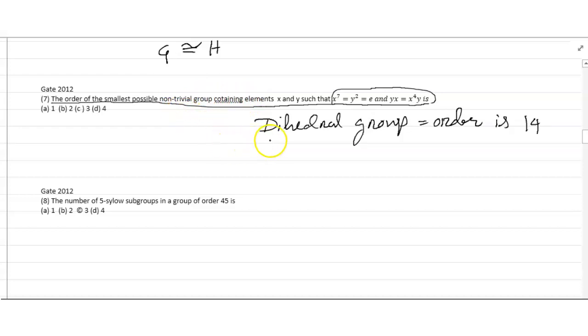If it were the trivial group, then the possibility would be order 1, but it is non-trivial, so 1 is rejected. And you must remember that the smallest non-trivial group of a dihedral group is always 2, because friends, I have already told you about the order positions of the element when it is even and odd, and then it is the class equation.